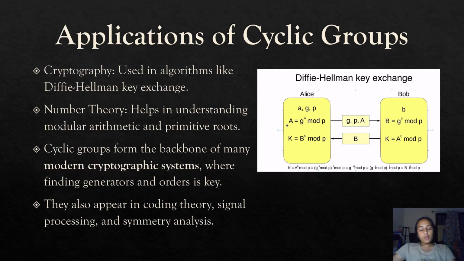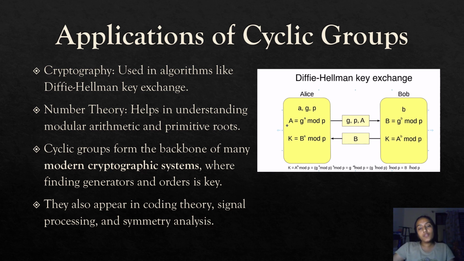Applications of cyclic groups. Where do we use cyclic groups in our day-to-day life? It is used mainly in cryptography, in algorithms like Diffie-Hellman key exchange, that we have an example of here in the image. And in number theory, it helps in understanding modular arithmetic and primitive roots. Cyclic groups form the backbone of many modern cryptographic systems where finding generators and order is key.